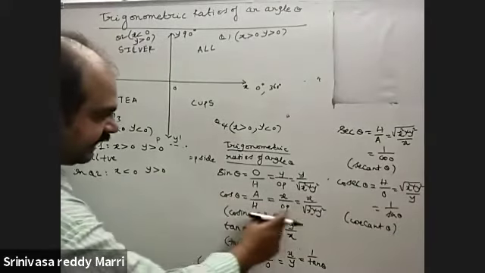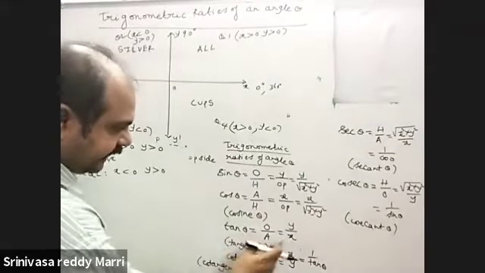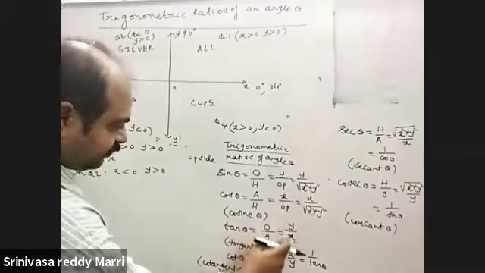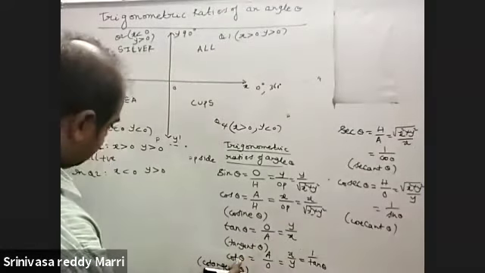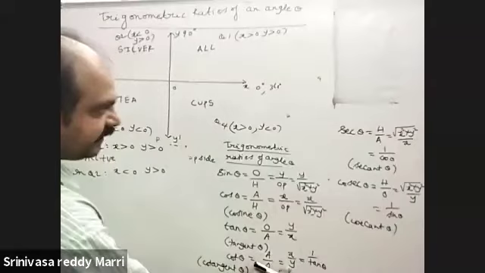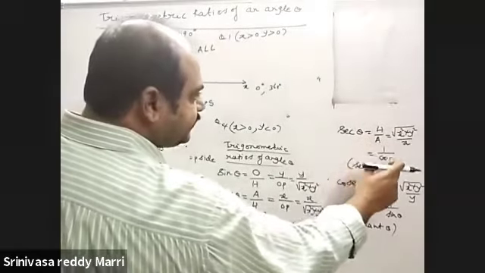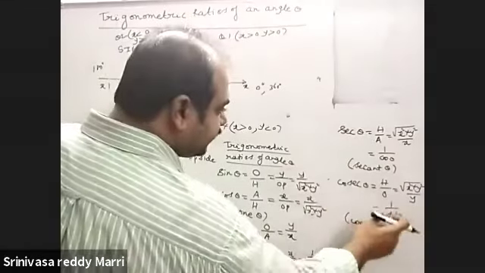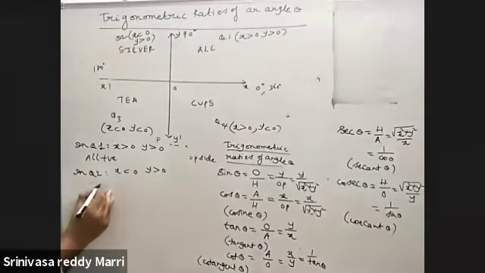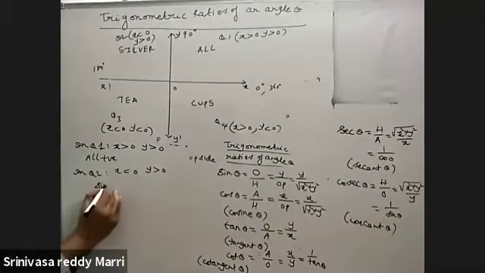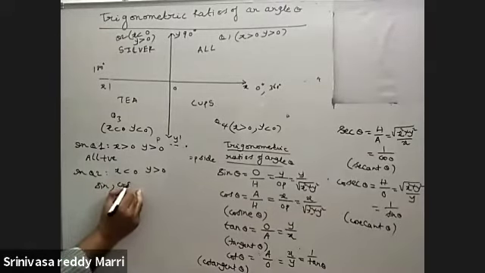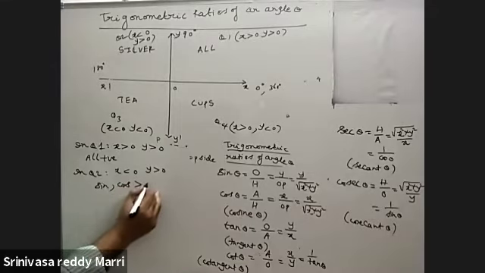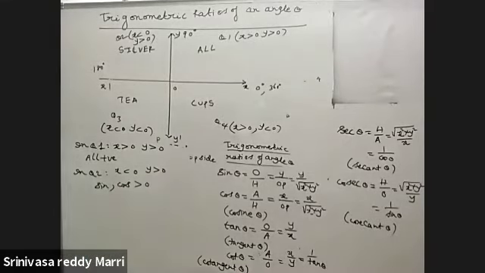Next cos theta negative. Tan theta negative. Cot theta negative. Secant theta, this is positive by negative, negative. Cosecant theta is positive. That means in quadrant 2, sin, cos positive.